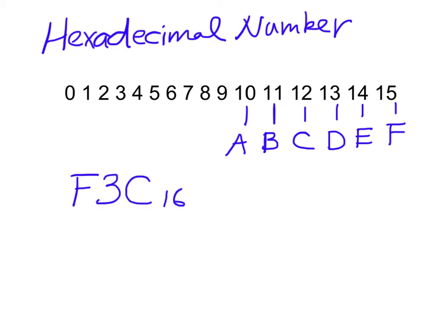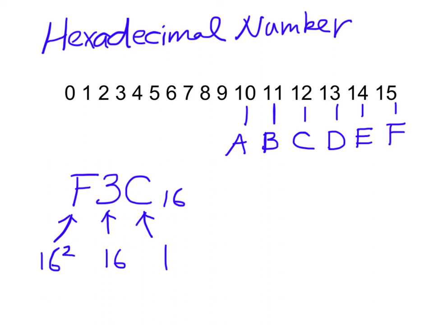Therefore, if we have the number F3C in hexadecimal, then this C will have the place value of 1, this 3 will have the place value of 16, and this F will have a place value of the square of 16.